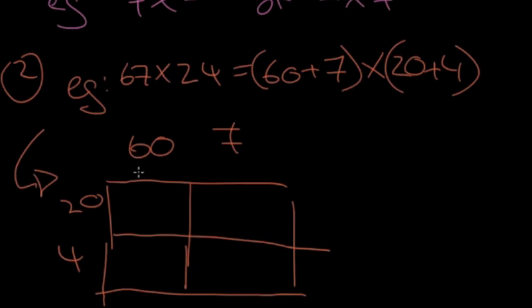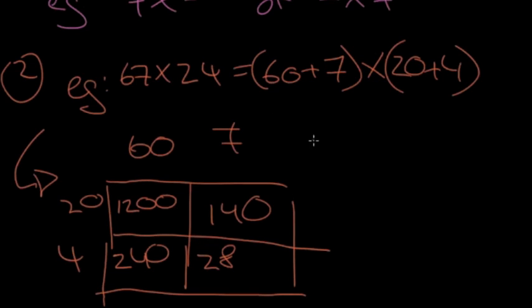So what's 20 times 60? Well, 2 times 6 is 12, and then we've got our 10s there, which 10 times 10 is 100, so 1200. What about 20 times 7? Well, 2 times 7 is 14, so we get 140. 60 times 4, 24, 240, and 7 times 4 is just 28.